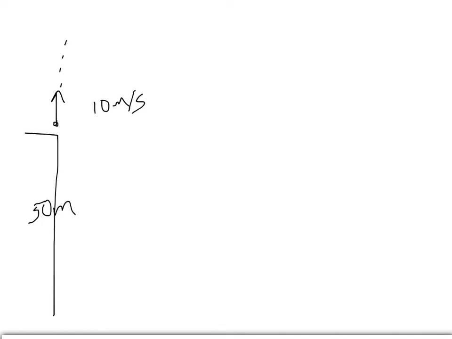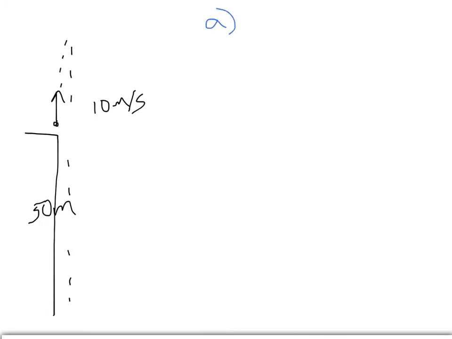Let's look at another example with this same situation, in that we're 50 meters above the surface, and the ball is launched up with an initial velocity of 10 meters per second. So this ball is going to travel up, and then it's going to travel back down. Let's say we want to find three things.